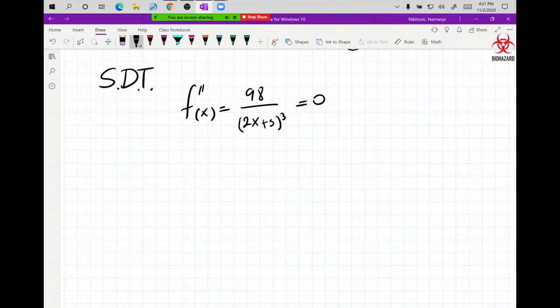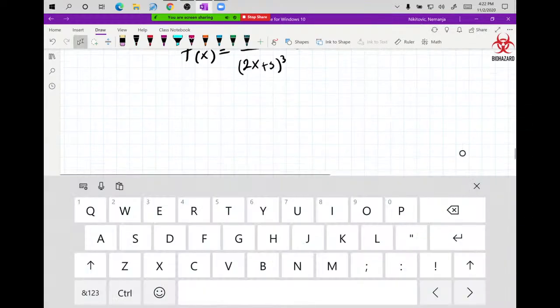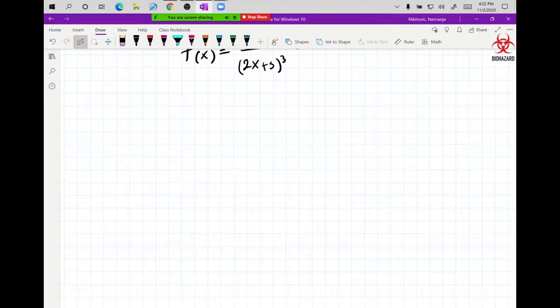Set equal to 0 and no solution, which gives us no inflection points. Now, as I said before, you should not be celebrating, right? Because you have less things to guide you.